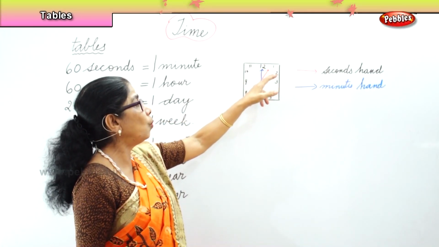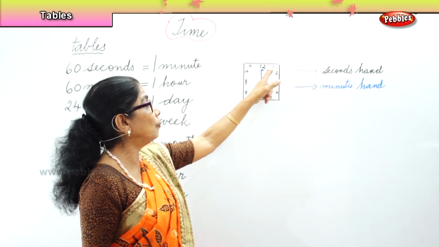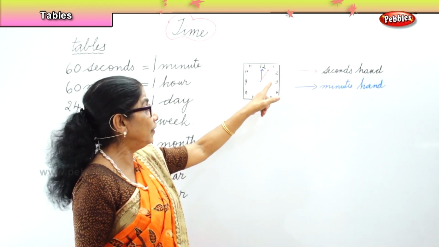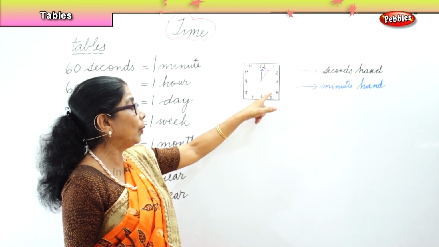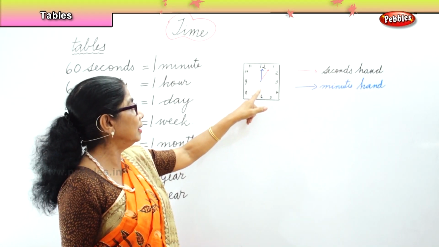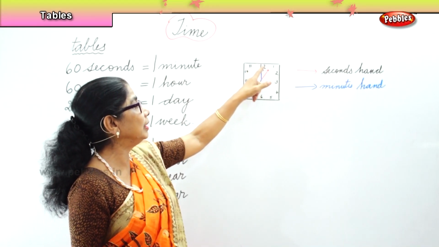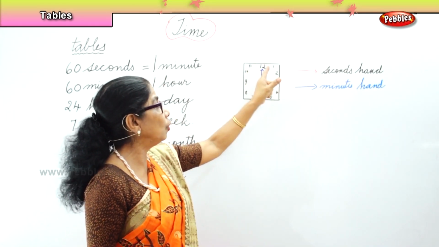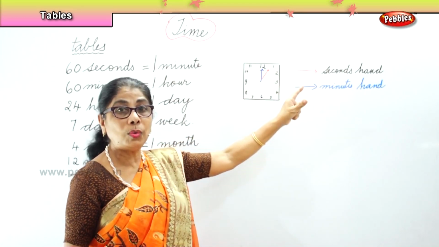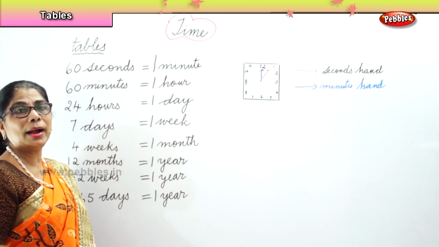When it travels from 1 to 2, it is 5 minutes. So now let's count 5, 10, 15, 20, 25, 30. That is half. 30, 35, 40, 45, 50, 55, 60. This minute hand goes once around. That is 60 minutes and that is 1 hour.